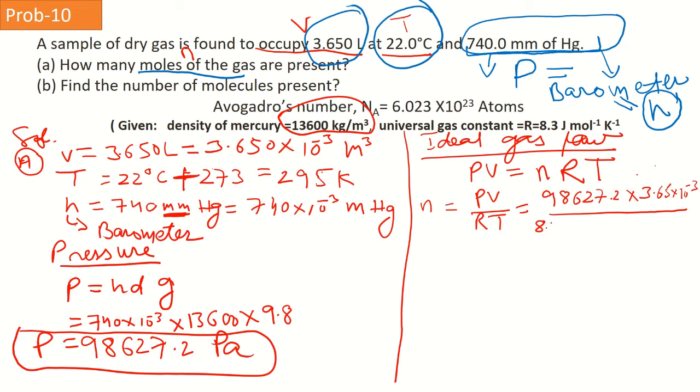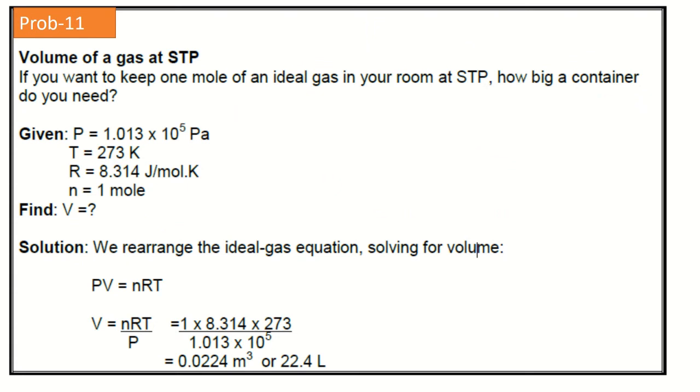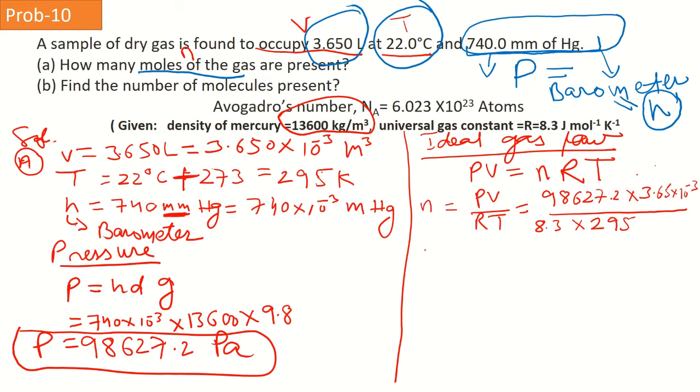R is a constant, 8.3, and the temperature is 295. So let us calculate this number, and after the calculation, the value of n is coming 0.147 moles.